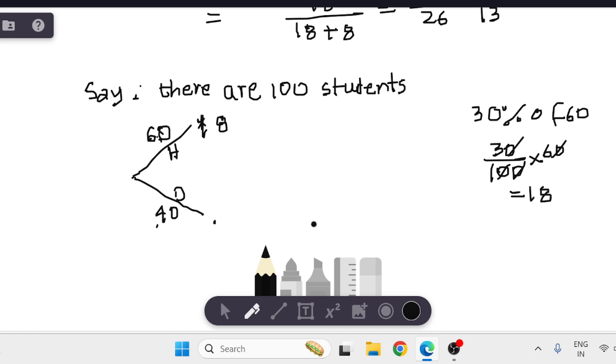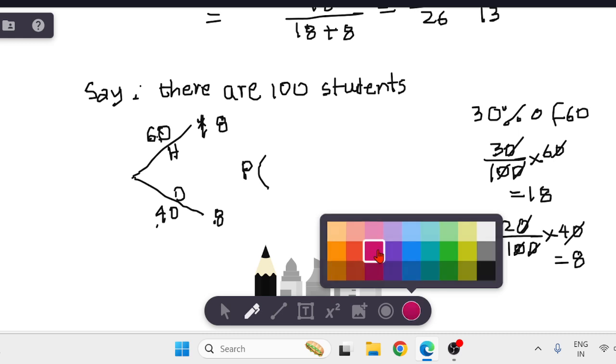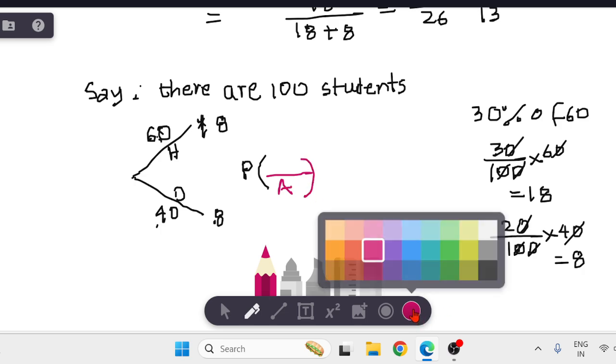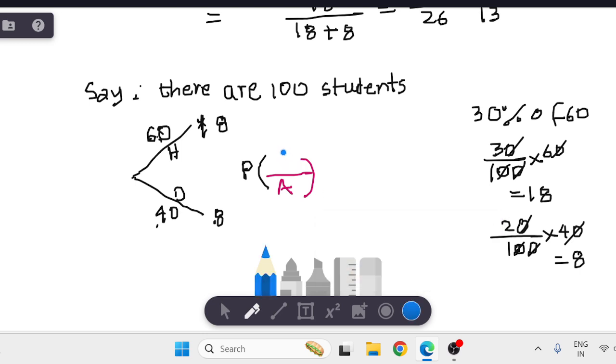And 20% of 40 is 20 by 100 into 40. So if you cancel 0, 0 and this 0, so 4 into 2 is 8. So 8. Look at it, how am I going to do? So the required probability, as discussed, the red color was given as grade A and the blue color is given as hostelite.